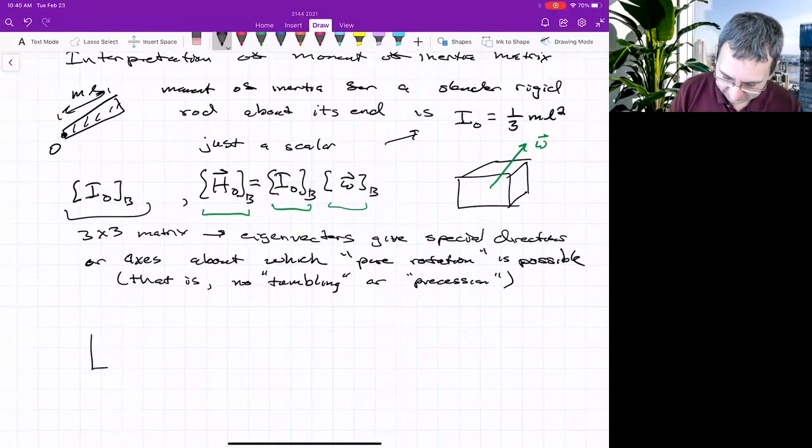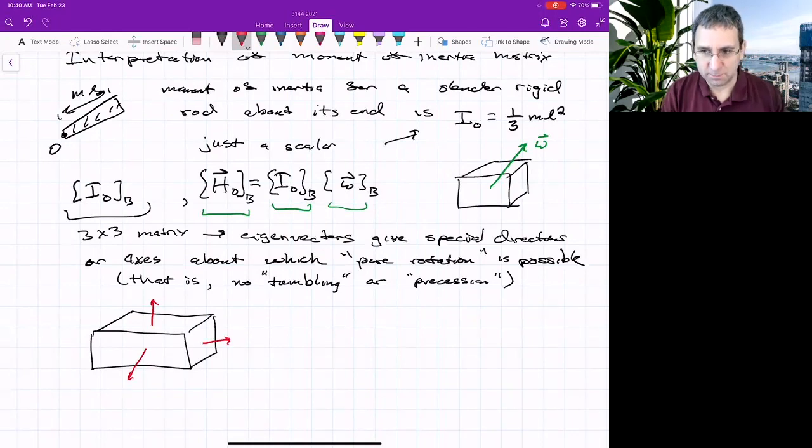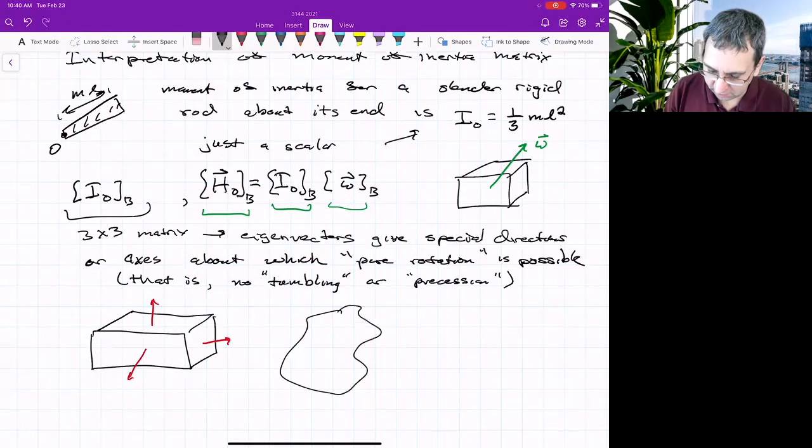So if I have a given body, like a rectangular prism, then the directions are just the normal to each of the faces. That makes sense. It's not obvious what it is for some kind of arbitrary body.